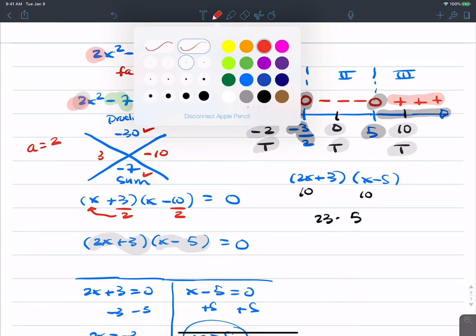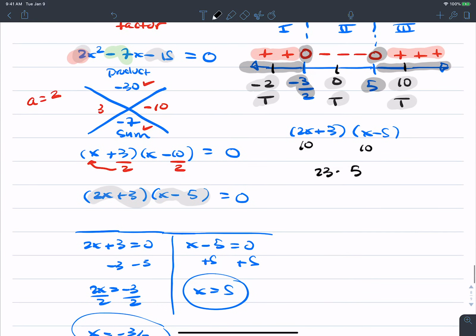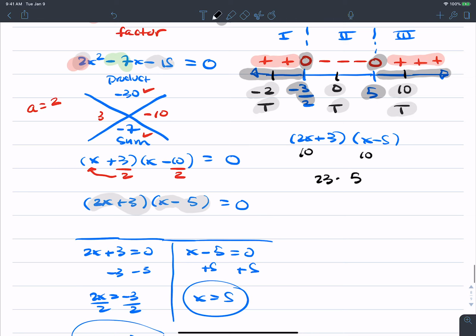So we're looking at the answer. We just have to now describe this in terms of a very fresh real number line. So negative 3 halves, positive 5, shade everything to the left of these values and to the right.